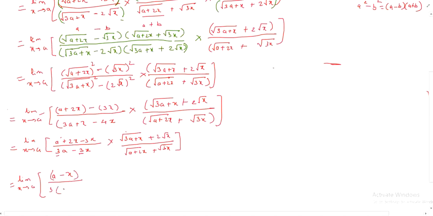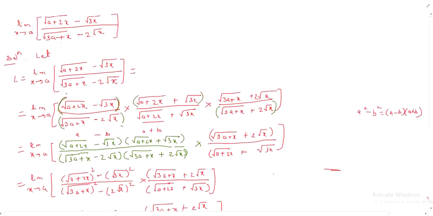So here we get a minus x, and into the remaining terms, that is 3a plus x plus 2 root x upon root a plus 2x plus root 3x. Okay, now as I have told you, we have to find that common factor a minus x, and here we finally found it. So remove it, cancel it from numerator and denominator.